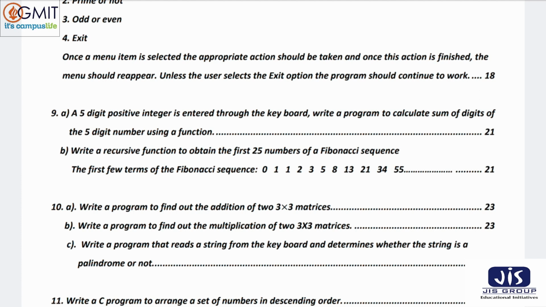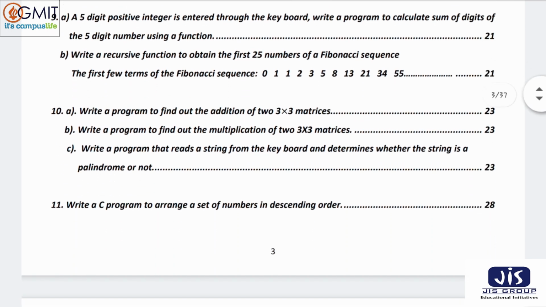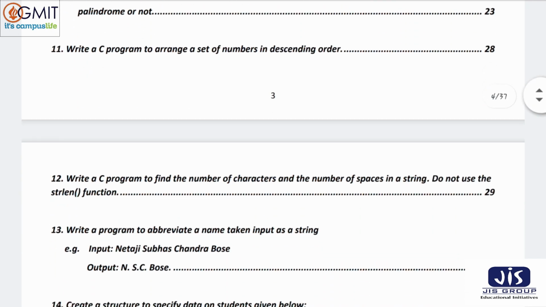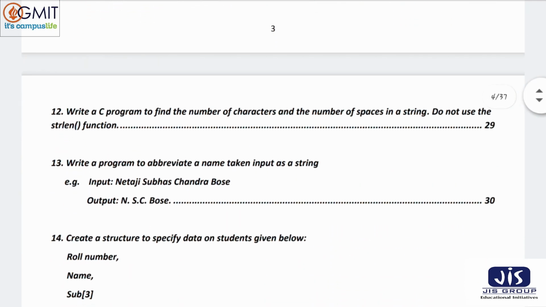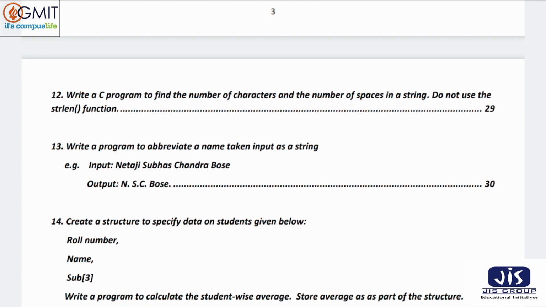Then I have come to matrix, and these 16 programs are arranged according to your syllabus and in an organized way. You can see one by one I have just forwarded to the next level. After that, addition of two matrices, 3 cross 3 matrices. Write a C program to arrange a set of numbers in descending order. Count the number of spaces in a string.